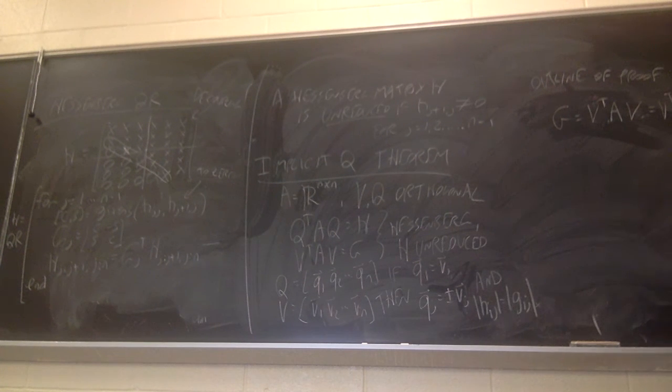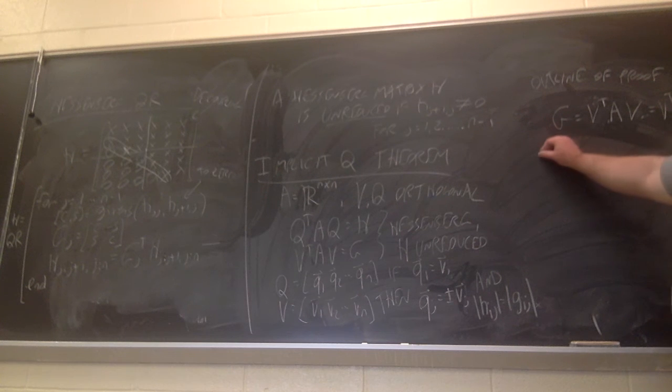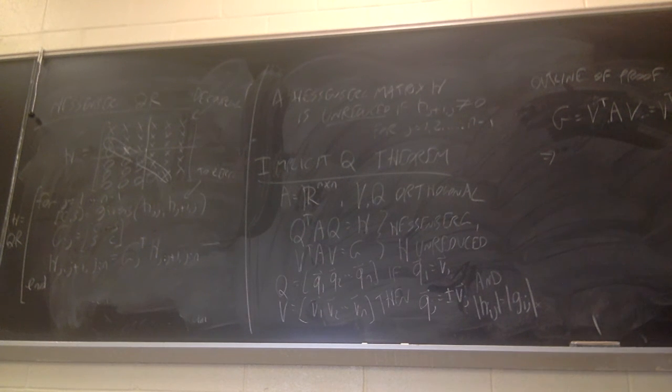So now I'm going to use the fact that Q and V are both orthogonal. I'm going to multiply on the left by V transpose and then I'm going to multiply on the right by Q. So then I have V transpose Q H, because when I multiply on the right by Q, it cancels the Q transpose, because they're orthogonal.